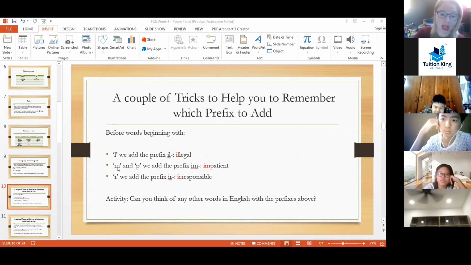With words beginning with M or P, we tend to add the prefix im. So patient becomes impatient. And have a look at this example here. With words beginning with R, we tend to use the prefix ir. So responsible becomes irresponsible.